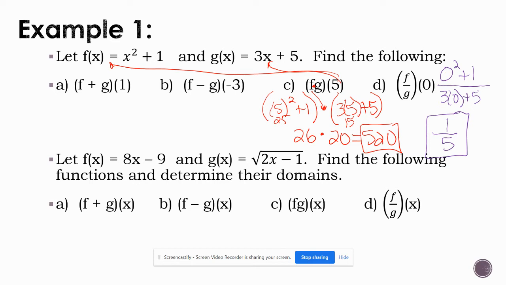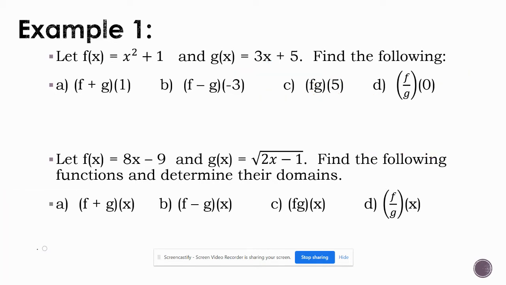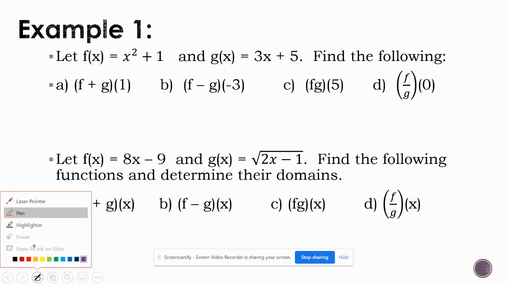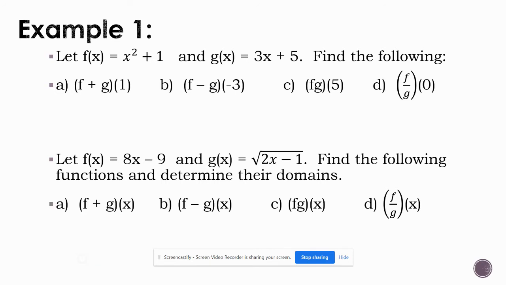All right. The second set of examples. Starting with f plus g. We're leaving x in there, so that means we have f, which is 8x minus 9, plus g, which is the square root of 2x minus 1.